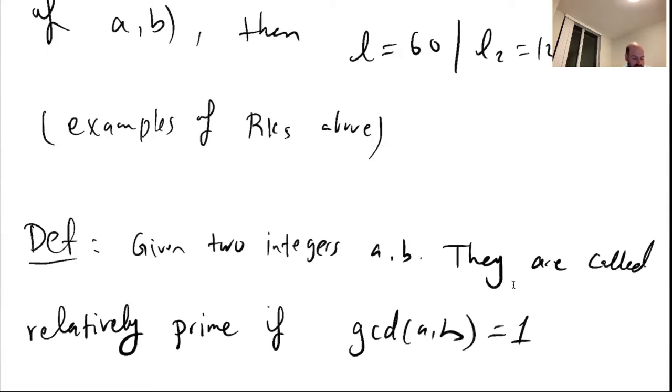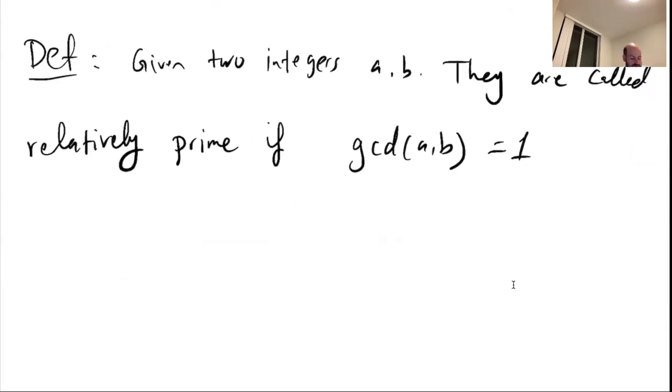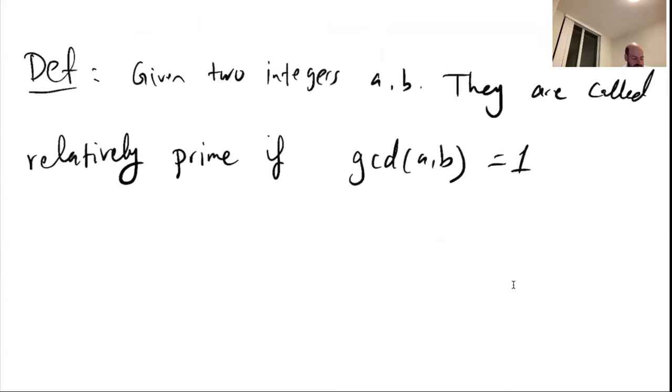So if the greatest common divisor between two numbers is 1, then those two numbers are called relatively prime. So let's say this is part A of the definition.